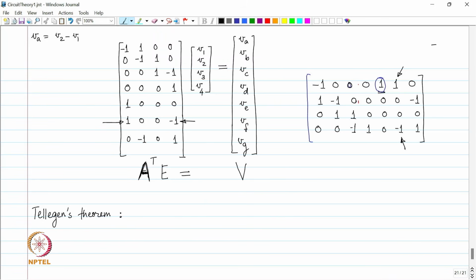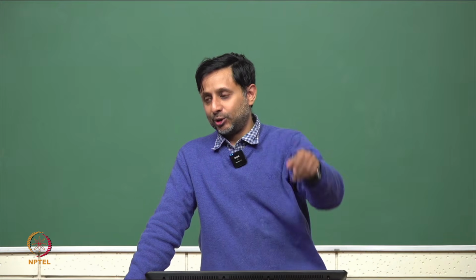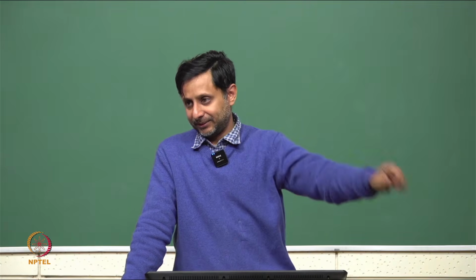So, Tellegen's theorem states that V transpose times I is always equal to 0. V is a column vector with all the voltages. So, V transpose is a row vector.